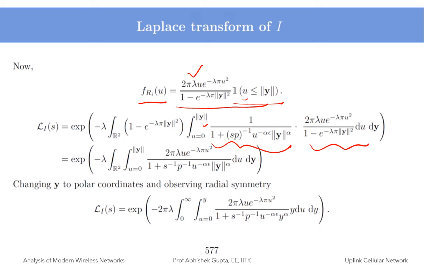Now you can notice this term will cancel from this term, and what you get is integration with respect to r_0 r square, and an integration from u equal to 0 to norm of y, and then this term which is 2 pi lambda u e to the power minus lambda pi u square divided by 1 plus s inverse p inverse u to the power minus alpha epsilon norm of y to the power alpha, and then integration with respect to u and y.